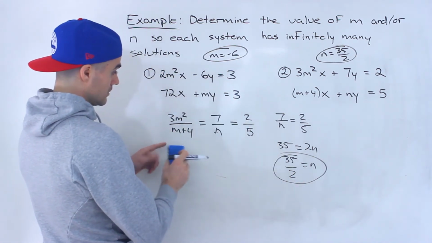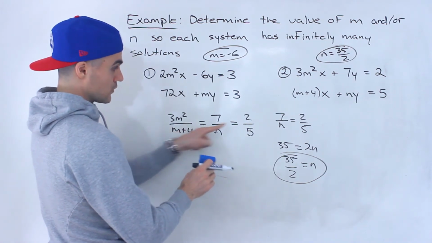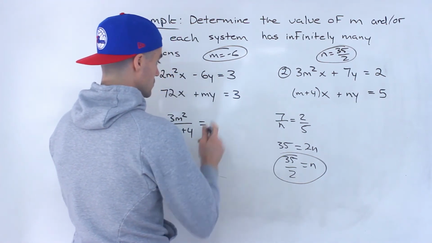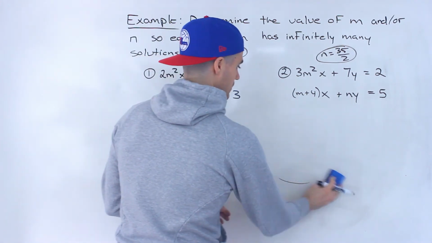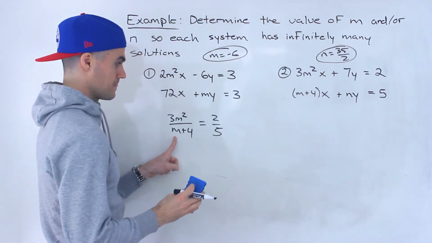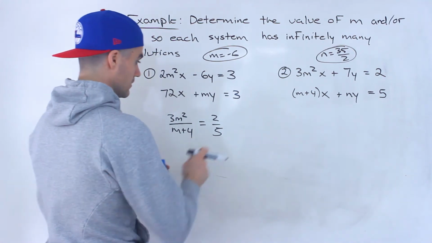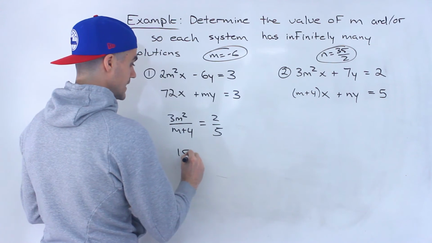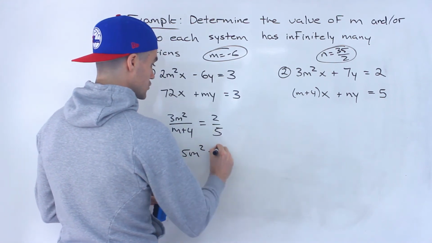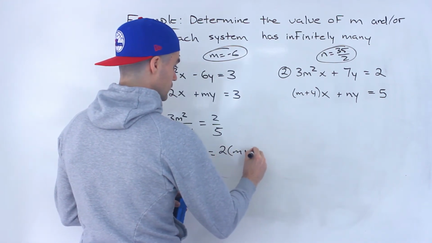Now the other one: 3m squared over m plus 4 equals 2 over 5. From here, we can cross multiply. So this times that is 15m squared equals 2 times (m plus 4). Be careful with the brackets.